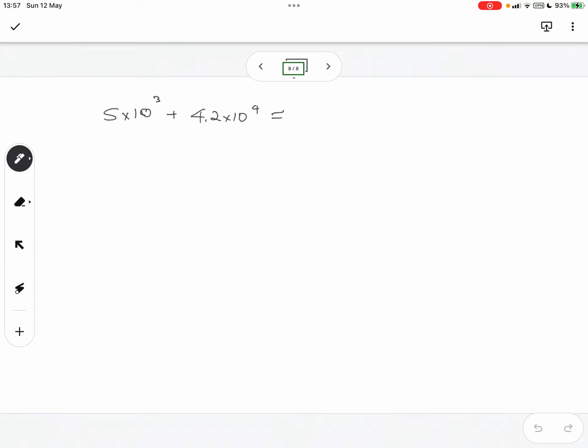So we can multiply the smaller exponent, 3, by 10, so that really, no wait, it's going to be multiplied by 10 anyway, so it's going to be 5, or rather let's say 50 times 10 to the power 4 plus 4.2 times 10 to the power 4. No, wait.